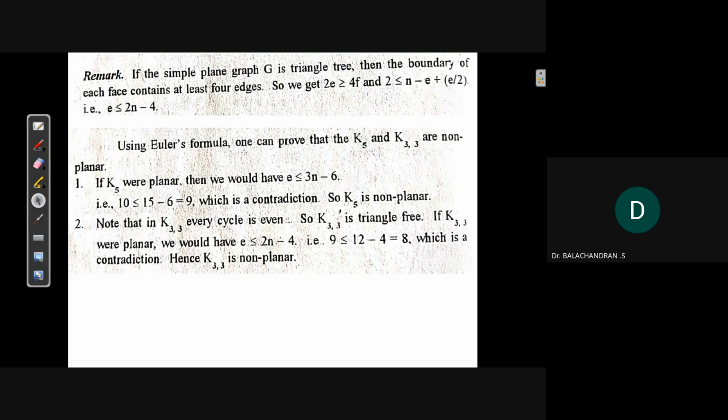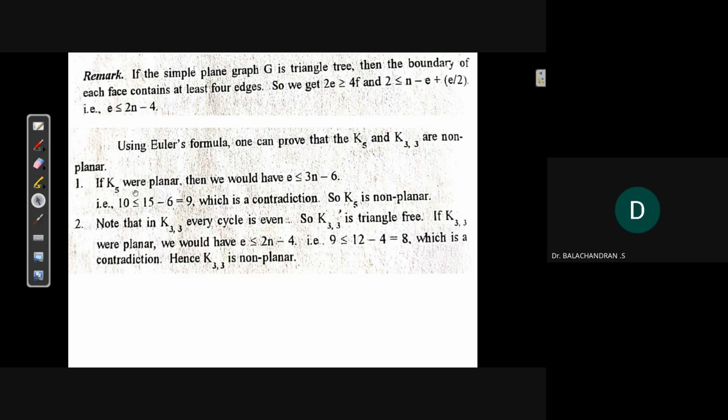Otherwise, I already gave the proof for K5 and K3,3 being non-planar. You can use that one if they are asking a big question, maybe for more than 5 or 6 marks.